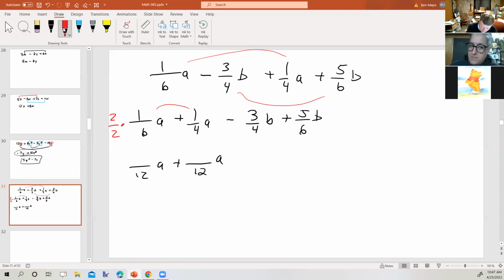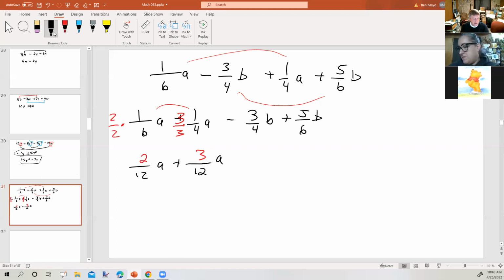So 1/6 A becomes 2/12 A. For 1/4 A, I'm going to multiply the denominator by 3 to get a new denominator of 12. I'll also multiply the numerator by 3. So I get 1/4 becoming 3/12 A.